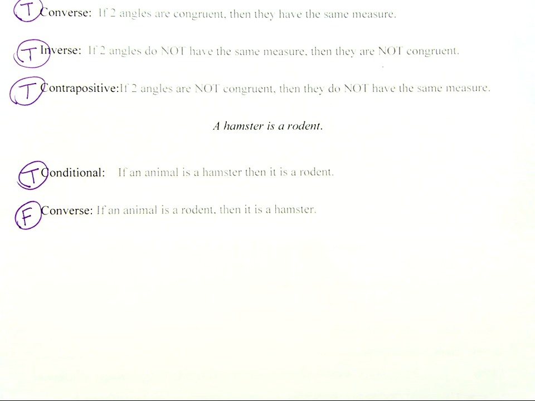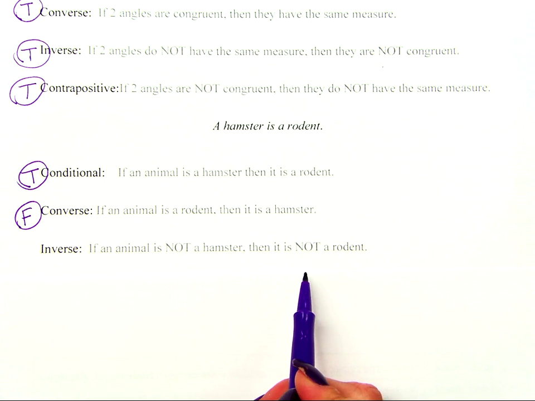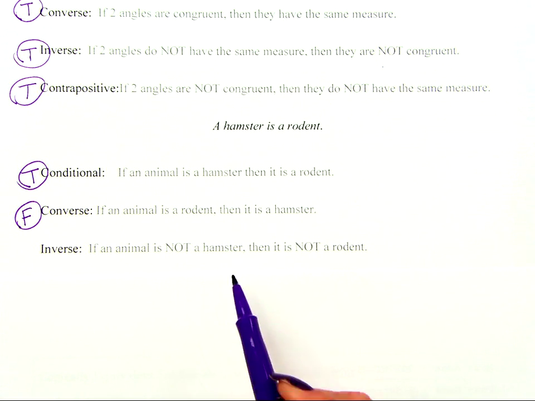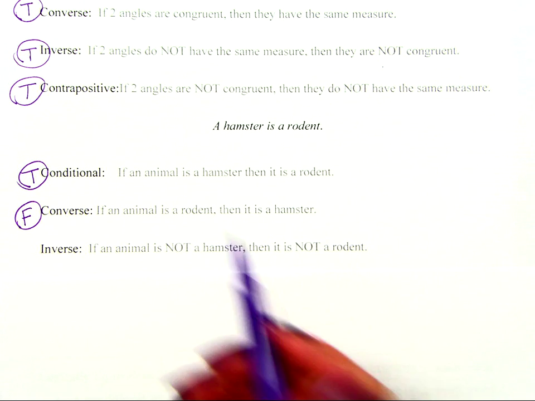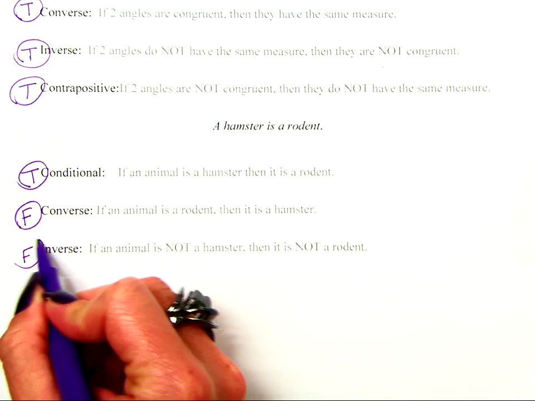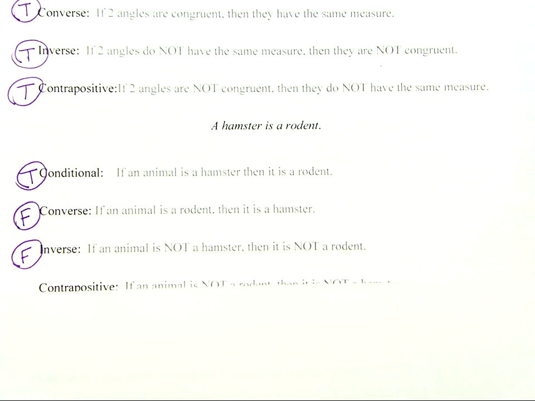What about if we negate it? We find the inverse. If an animal is not a hamster, then it is not a rodent. Well, again, just because it's not a hamster doesn't mean it's not a rodent. I could have a mouse, and so I'm going to say that that is going to be false. And the contrapositive, we switch it and negate it.